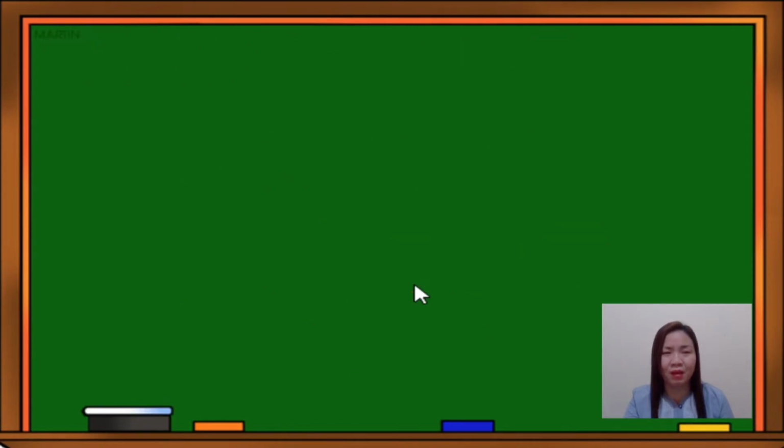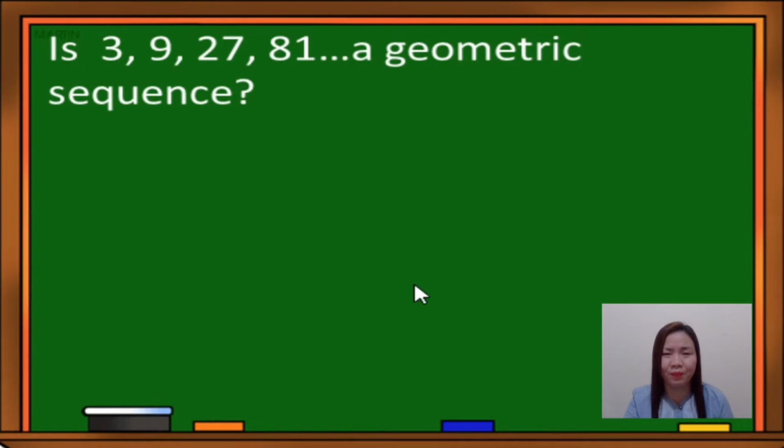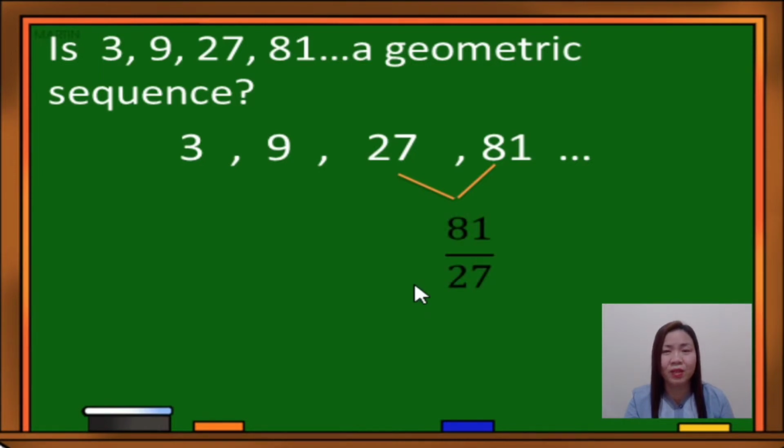Now let's try another example. Is 3, 9, 27, 81 a geometric sequence? We rewrite 3, 9, 27, and 81. This time we divide 81 by 27, and the quotient is 3. Another, 27 over 9, and the quotient is 3 again.